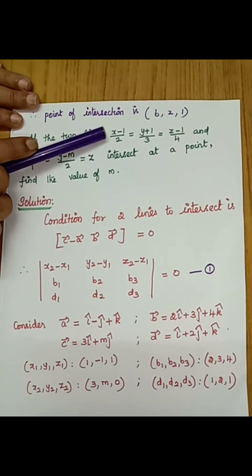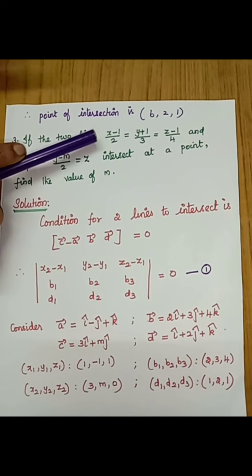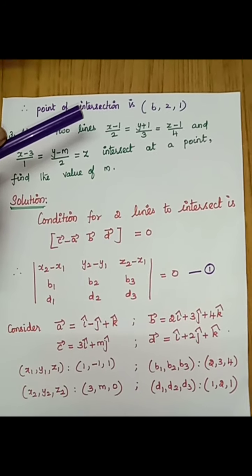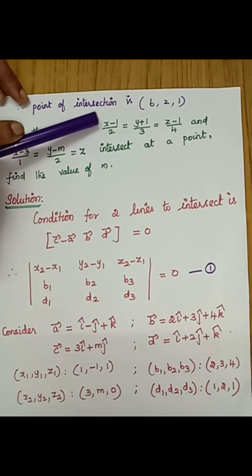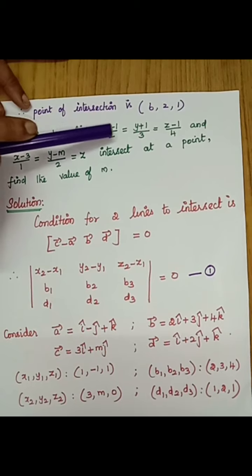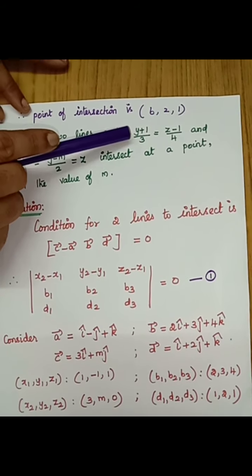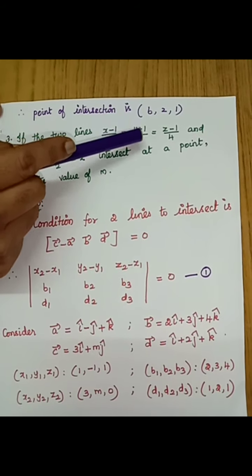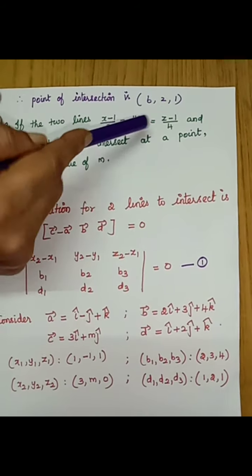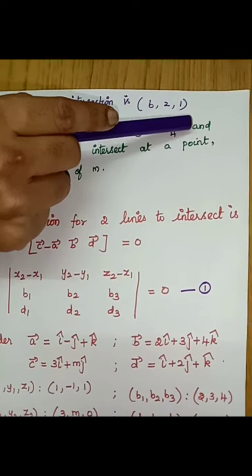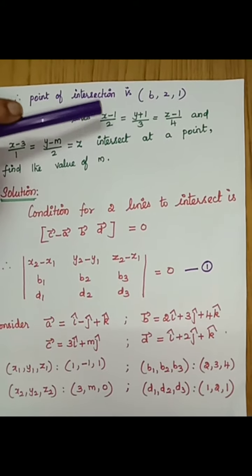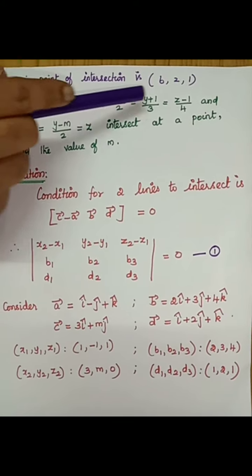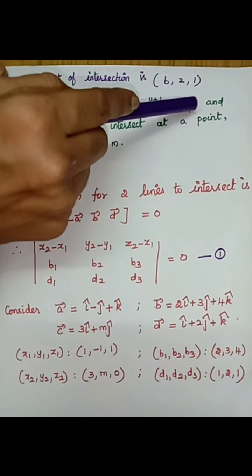Before that you have to check whether the given lines are in the correct form. So here x minus x1, so 1 we can take. This can be written as y minus of minus 1, so we have to take the point minus 1 here. And z minus 1, so you have to take 1. So therefore the point is (1, minus 1, 1).